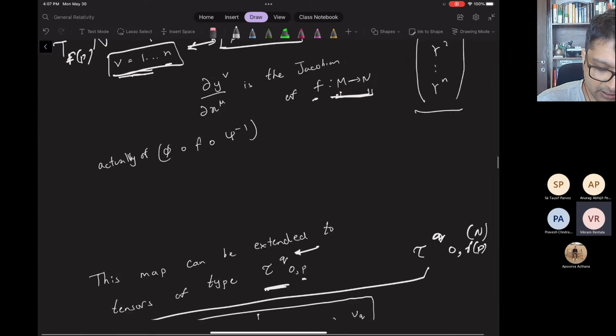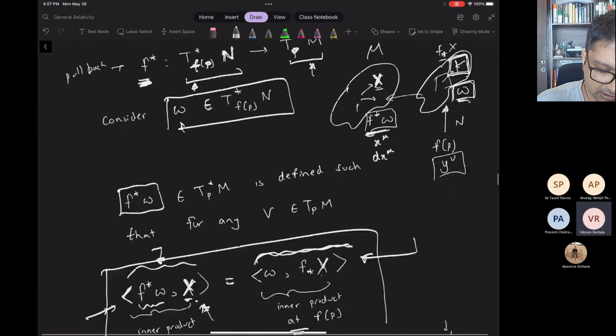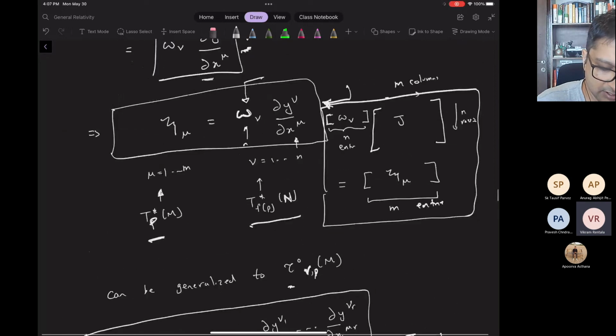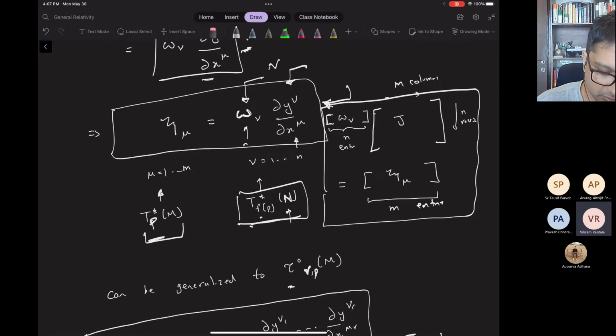And similarly, we saw that dual vectors are transformed. So this is the vector at N, or in the dual tangent space at f of P on N. This is mapped again through the Jacobian to a dual vector at the point P on the manifold M. This is called the pullback, and for the vector, it was a push forward.